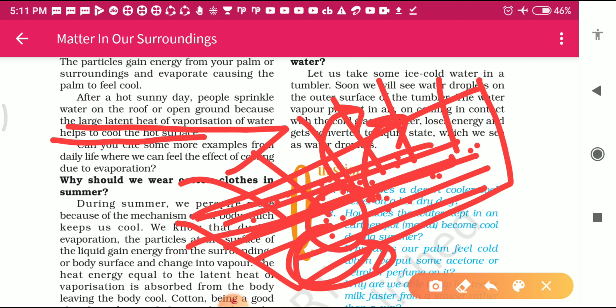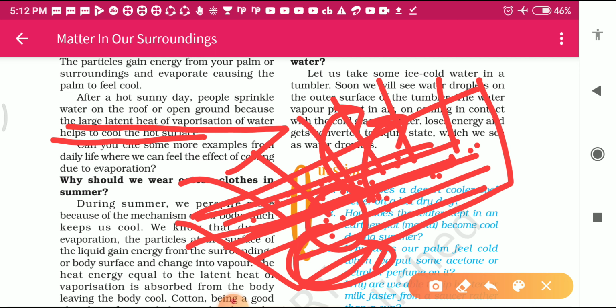Due to the latent heat only, because the latent heat of vaporization needs heat to convert the liquid into vapors. When latent heat of vaporization takes place anywhere, it makes the environment cool.